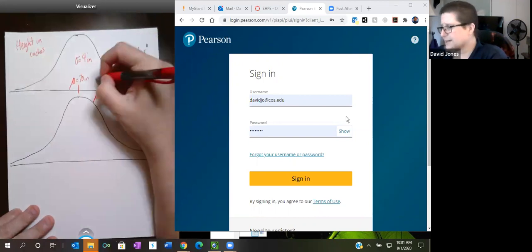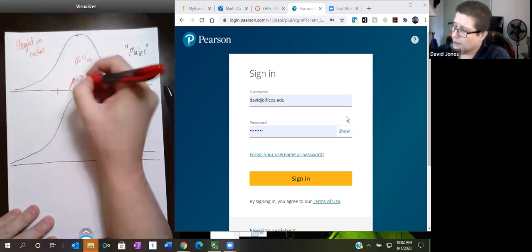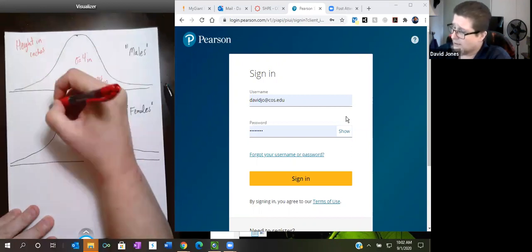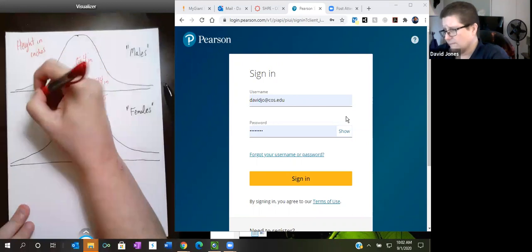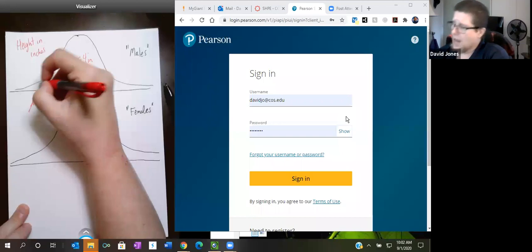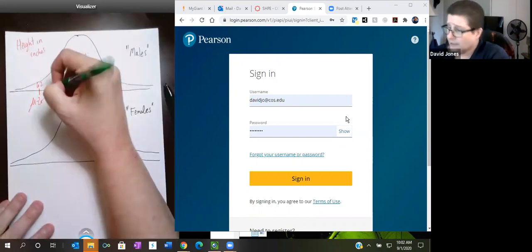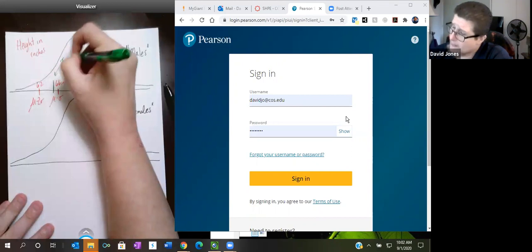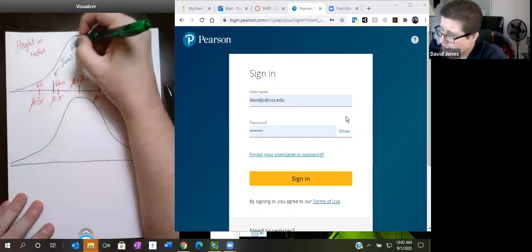Mu plus sigma is 74 inches. If I go to the left one, it's minus 4, which is 66 inches. Do it again. Mu minus 2 sigma is 62 inches. And Professor Jones clocks in at 65.5. This is Jones. And I'm real proud of my half inch. 65.5 inches tall.